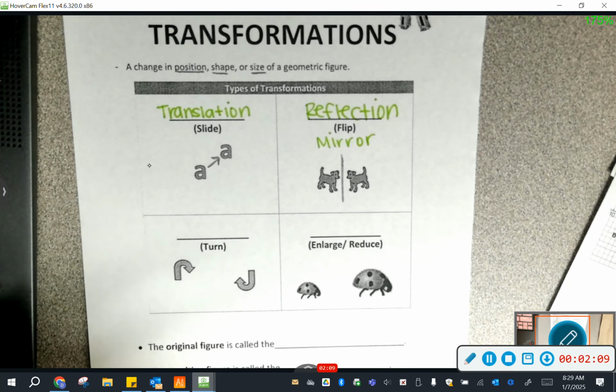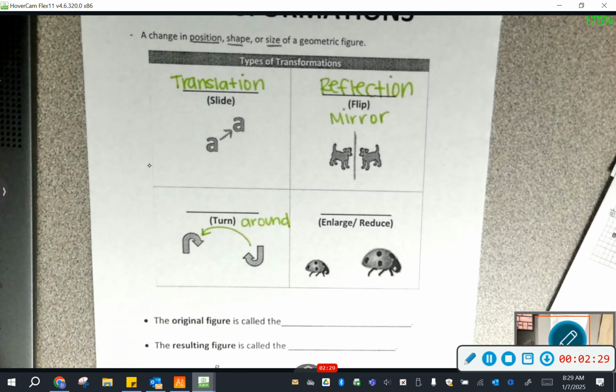What about to turn? Around. I'm going to write that right next to it because we are going to be going around every time we're turning. But when you're in a car and you turn, what do you have to do to the steering wheel?